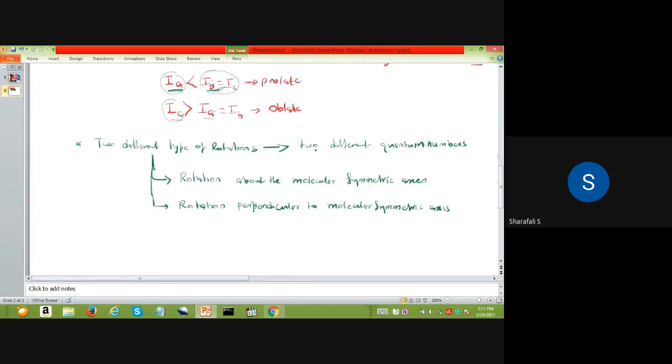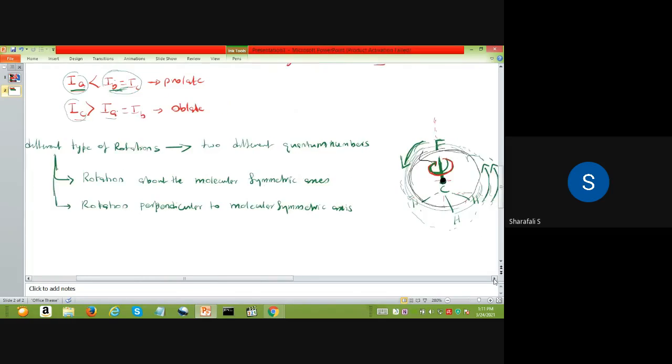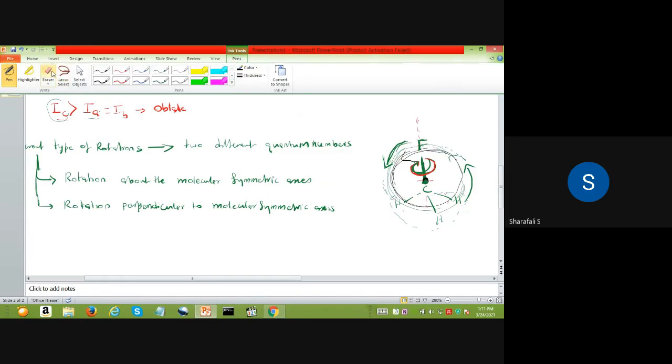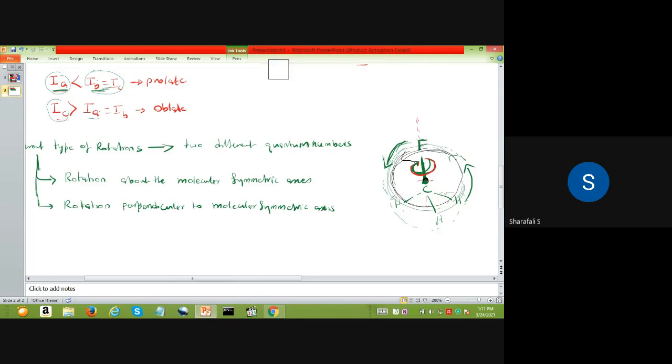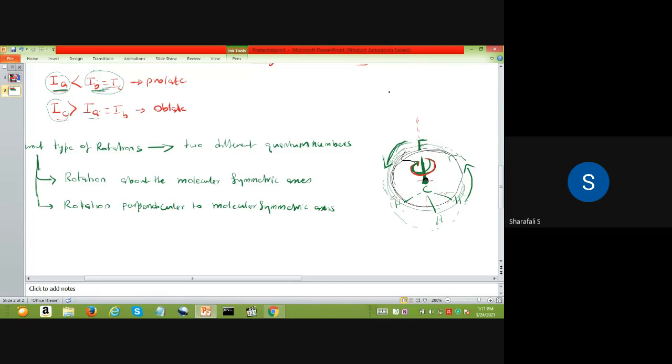So these two different kinds of rotations are possible in all the symmetric top molecules. Since there are two different types of rotations which are possible, we need two different quantum numbers. In the case of a linear molecule, for example carbon monoxide, or any other molecule which is linear in nature, we have carbon here, oxygen here, which are separated by their bond length.